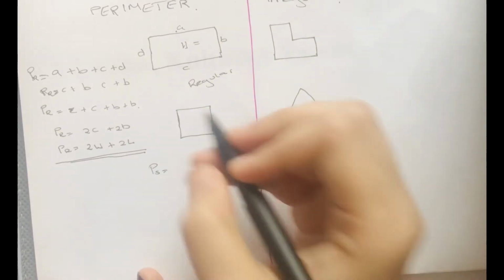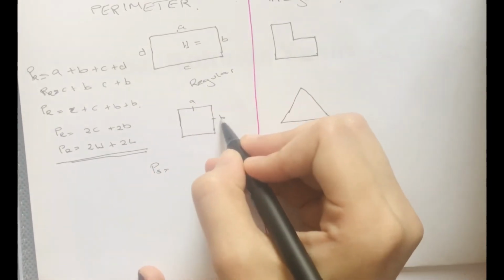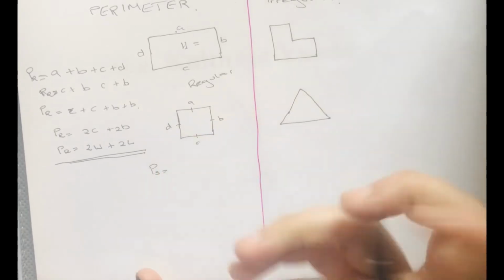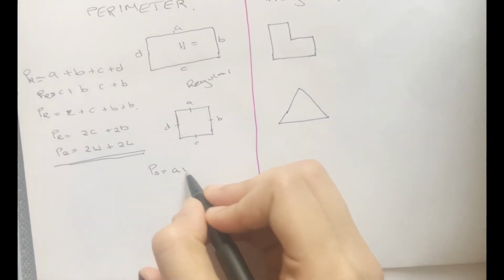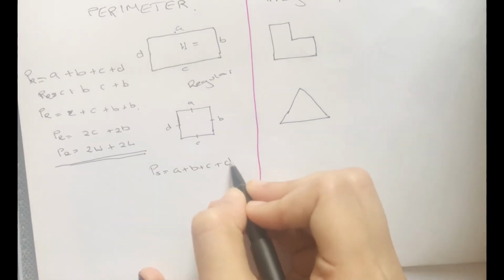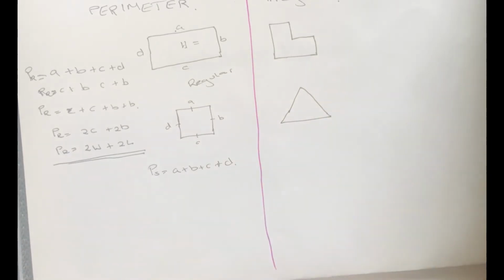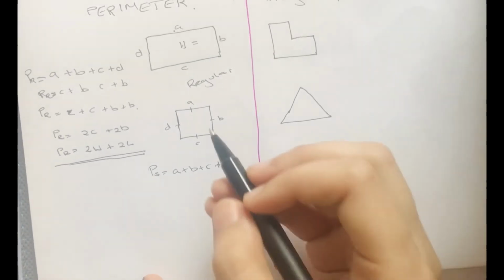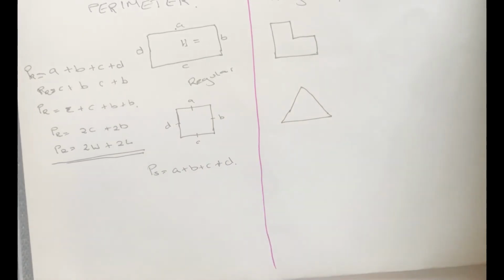The perimeter of a square is equal to A plus B plus C plus D, right? There you go. So the perimeter of any shape is given by adding all sides of the shape together. So that's your formula for perimeter of a square. But of course, it can be simplified further, right? Whenever you have a square, you know that all sides of a square are equal.